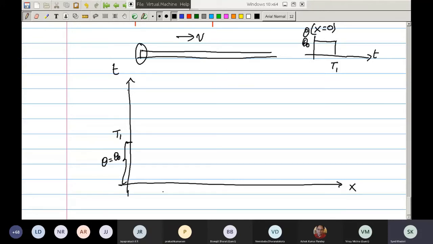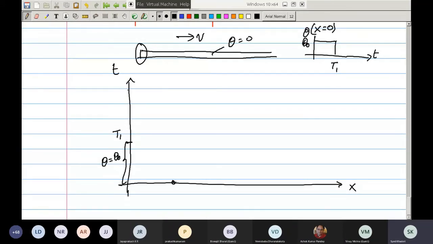So now what will happen at different times? Each particle will move to the right with a particular speed v, because of which we get characteristic lines along which the temperature is constant. Initially, let's say temperature theta equal to 0.